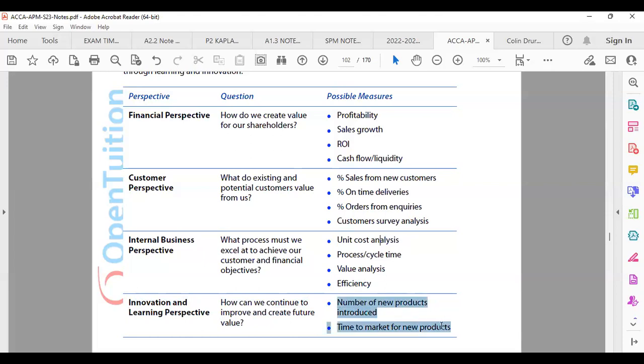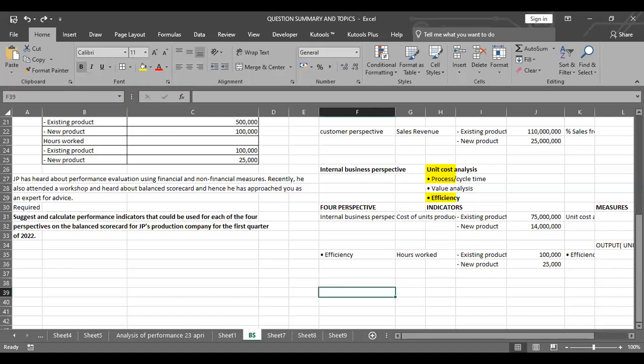Now, that one can also be factored in. The measures that can easily indicate that are those ones there. So again, if you come here, you will notice that for innovation and learning perspective, as you may check again, what are the things which could be used to indicate that?